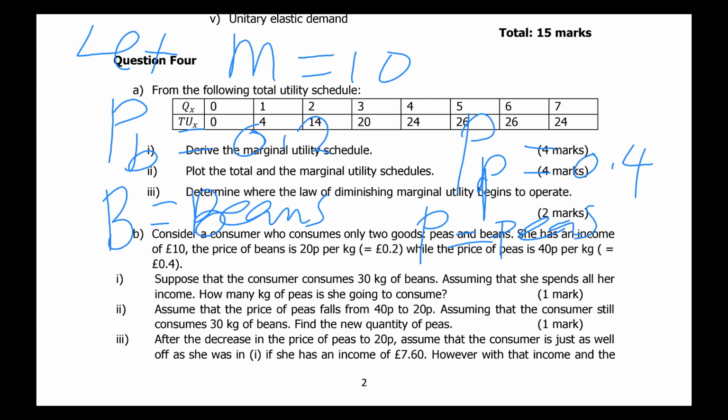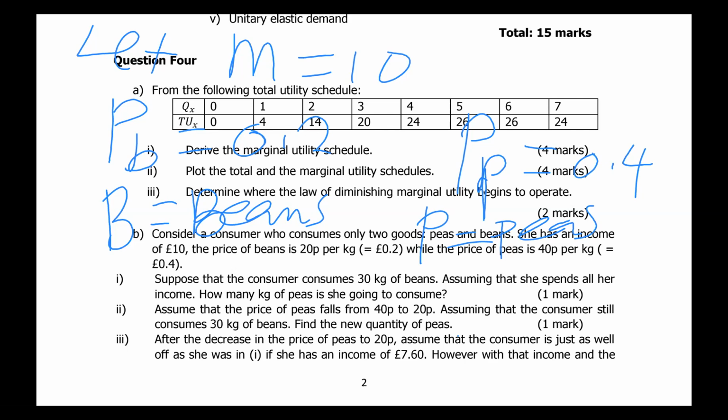Now, so I was saying the law of diminishing marginal utility states that any additional unit of the commodity consumed adds less and less to the total utility than the previous unit added, which means marginal utility is decreasing as you increase the consumption of the given commodity.